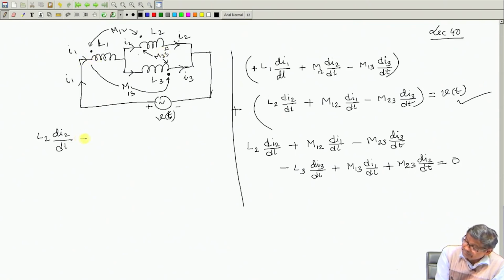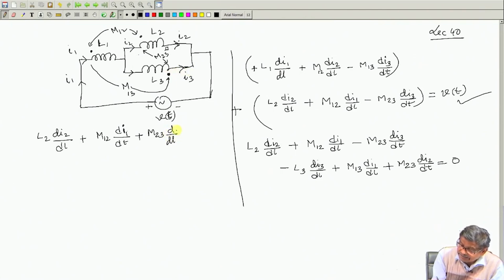So, plus M12 di1/dt. Now, here once again I will write plus because of this coil, and I will write M23, left hand side will be only plus, but then you have to write d/dt, what is entering through dot, minus I3, that will bring that minus sign here. Got the point?